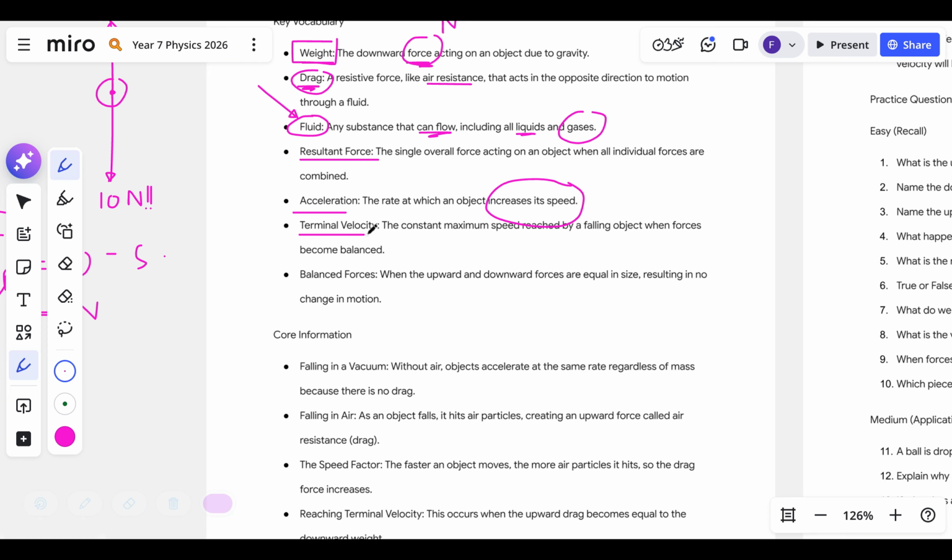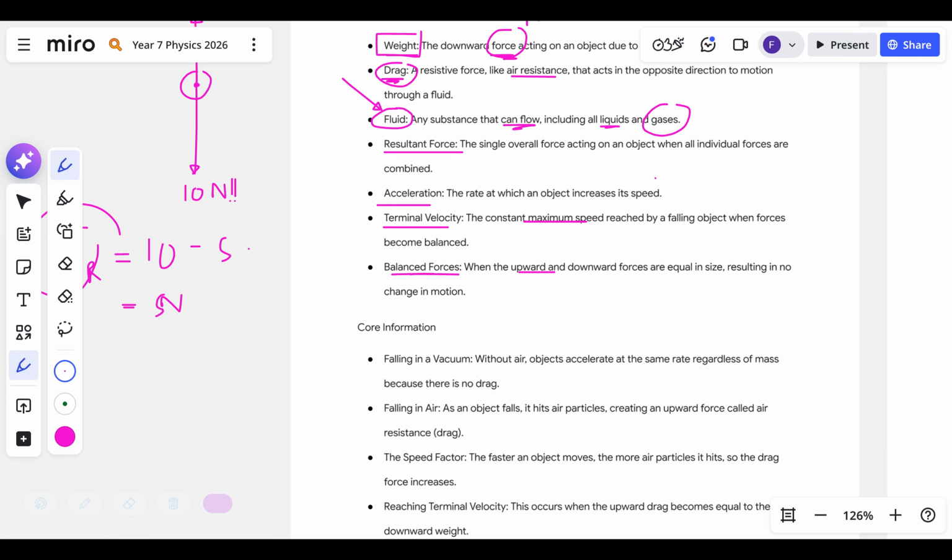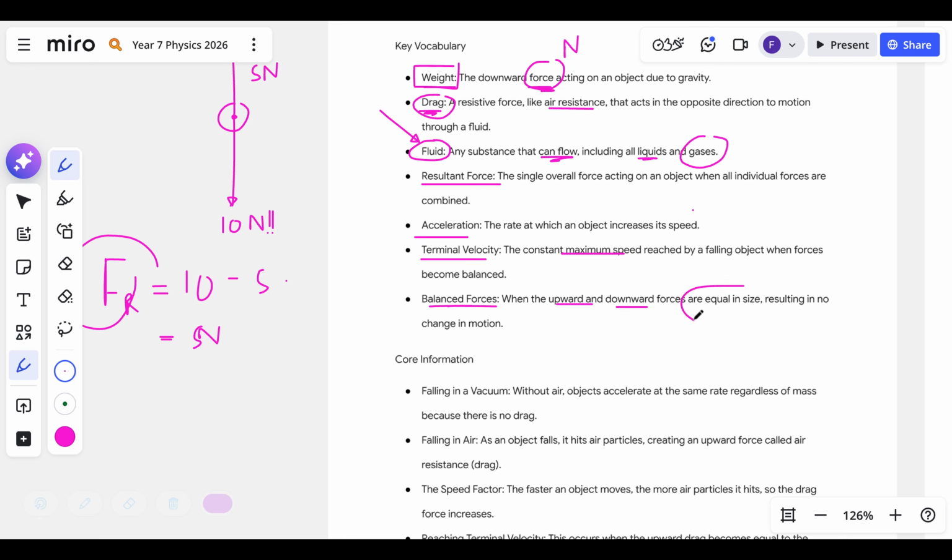Terminal velocity. So if you look at the world's fastest car, it reaches a maximum speed and it cannot go faster, right? And the reason it can't go faster is because the force due to air resistance is the same. Balanced forces. In this case, when we look at terminal velocity, we're looking at dropping things. It's when the upwards and downward forces are equal in size.